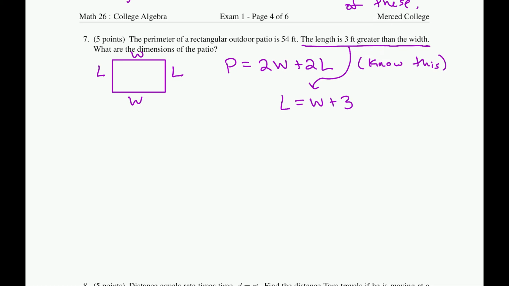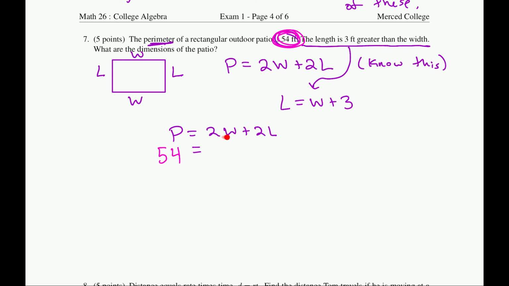Okay? Then what you want to do is use this fact that the perimeter is 54. So we take this perimeter equation, P equals 2W plus 2L, and we're going to rewrite it using 54 feet for the perimeter.